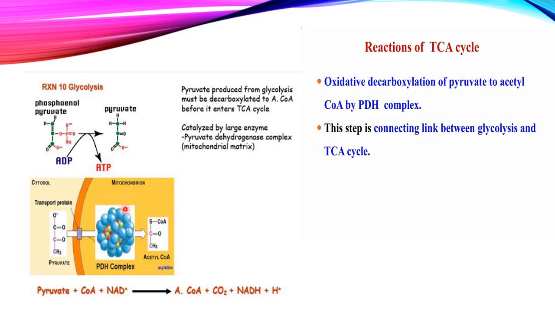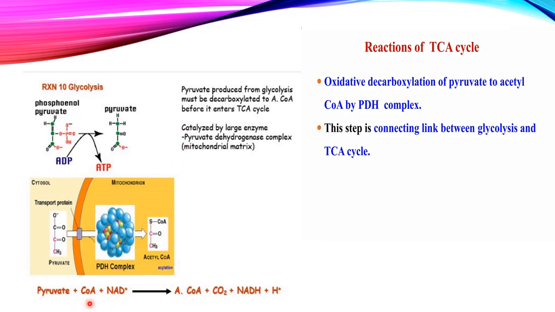This helps in oxidative decarboxylation of pyruvate to acetyl-CoA. So this complex is decarboxylating our pyruvate into acetyl-CoA inside the mitochondrial matrix. This is a large enzyme complex called the PDH complex, our pyruvate dehydrogenase complex.